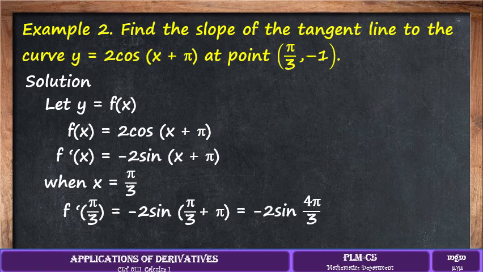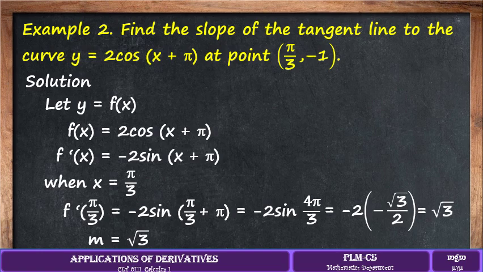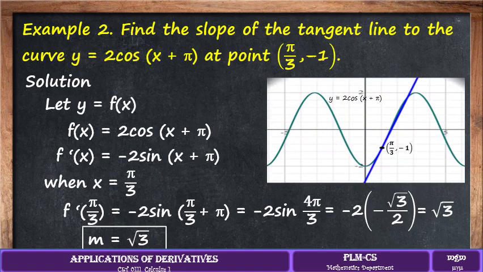Getting the value of sine 4 pi over 3, we have negative 2 times negative square root of 3 over 2. Getting the product of these two quantities, we obtain square root of 3. Therefore, the slope of the tangent line that we are looking for is square root of 3. For reference, here is the actual graph of the function as well as the line tangent to it at the given point.